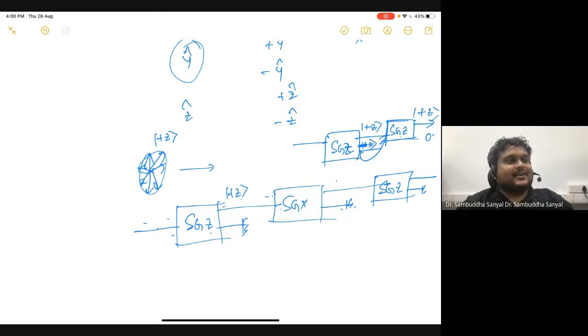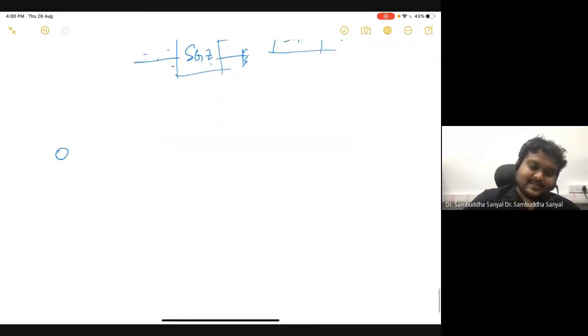So I concluded it by saying there are two ways I can split and add. Let me draw the fourth experiment.